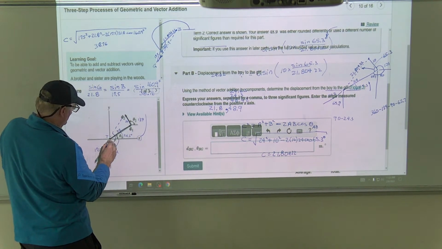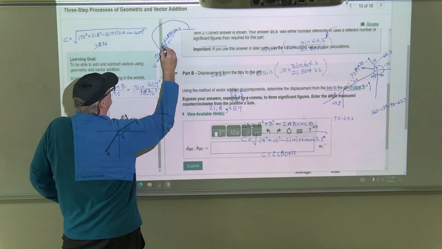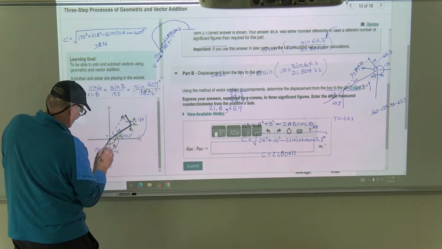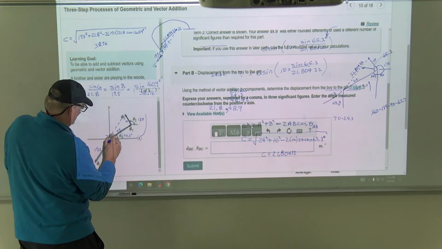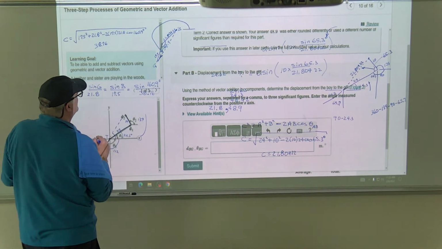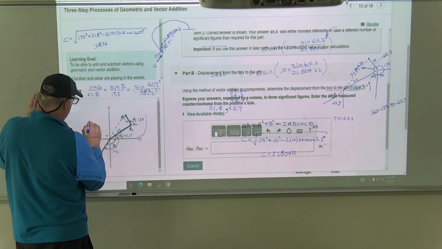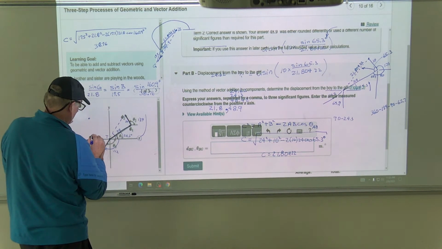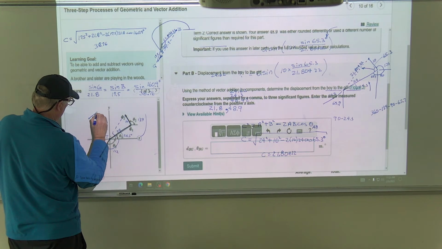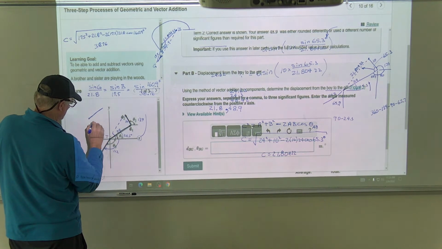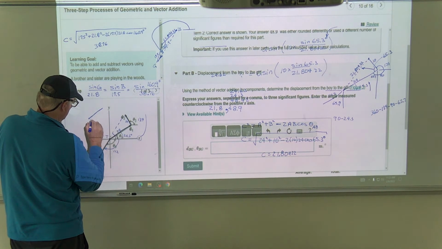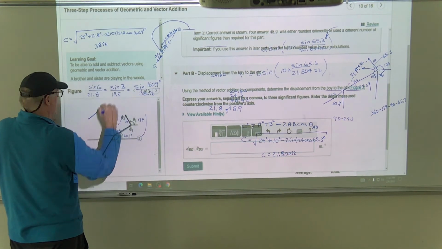I draw a vector from here to the boy, from there to the boy, from here to the girl, but shoot, I hate that. Hang on. I'm going to try to do a decent job of putting this together to get a couple angles so I can add some.